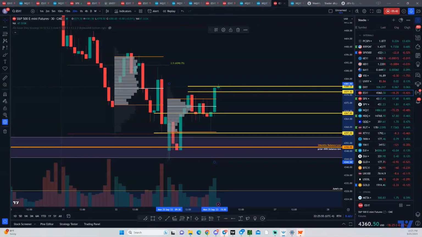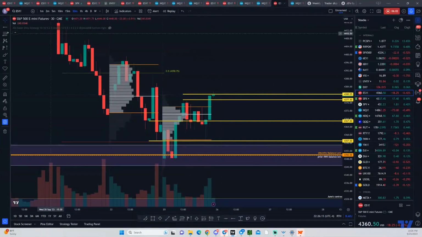It came back down into the 57 level right here. The low of the night so far has been 58.25, right around here. Anyways, this is the stuff that you want to keep an eye on.